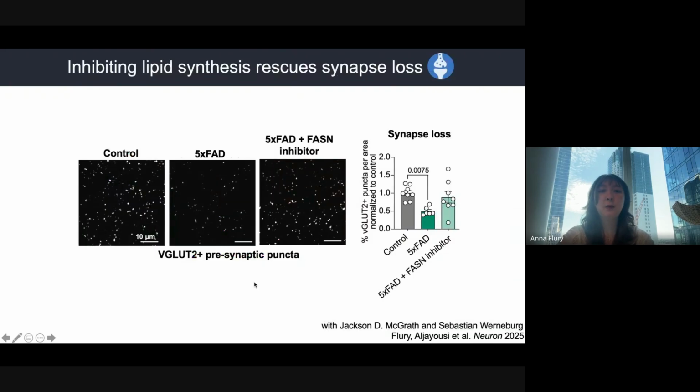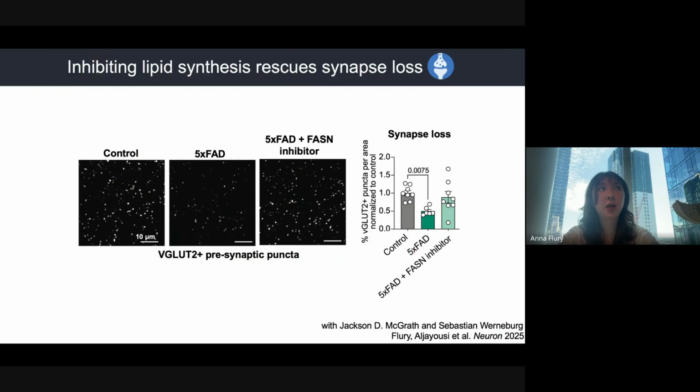And now we wanted to move to an in vivo system because we saw all this in vitro. So what we did was we systemically injected, over a period of 3 weeks, this FASN inhibitor into our 5xFAD amyloid-recapitulating mice. And we saw that we could rescue synapse loss in this way.